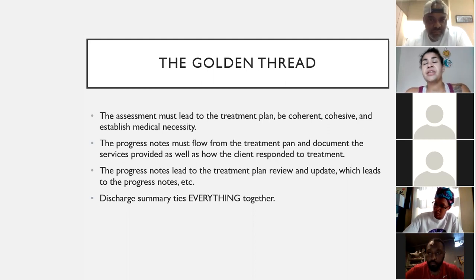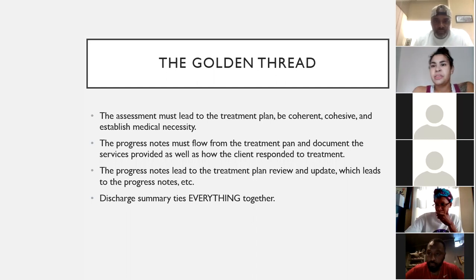Progress notes are always going to lead to the treatment plan review and update, which will again lead to more progress notes. We'll talk a little about treatment plan reviews, but just know that you can do a treatment plan review whenever. You don't need to wait for the 3-month or 6-month mark.